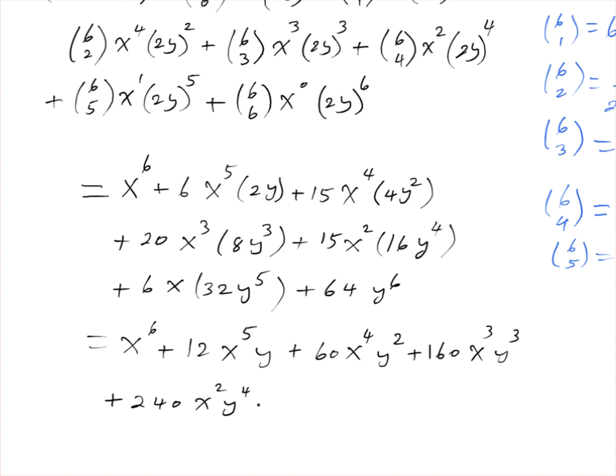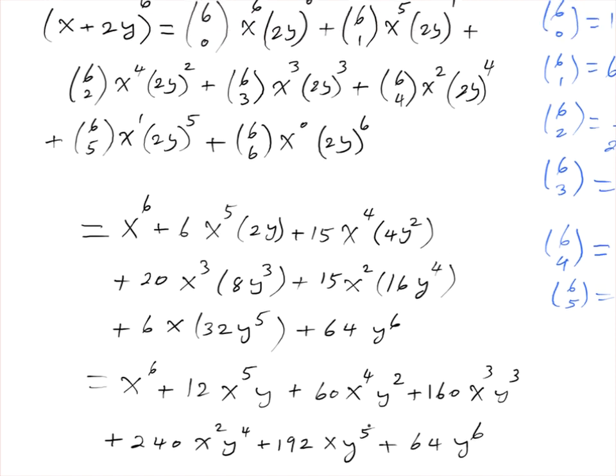And the next one is plus 6 times 32, which is 192. So that's x times y to the 5th, plus finally 64 y to the 6th.